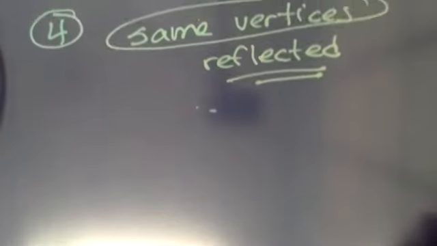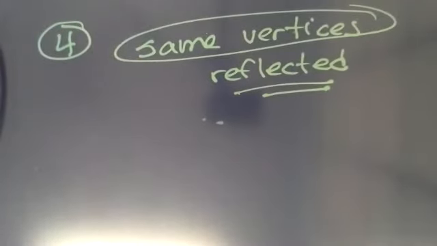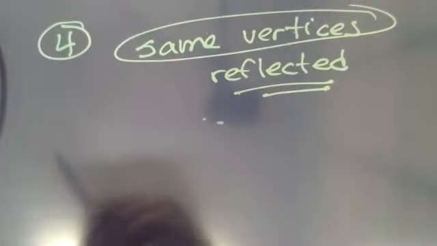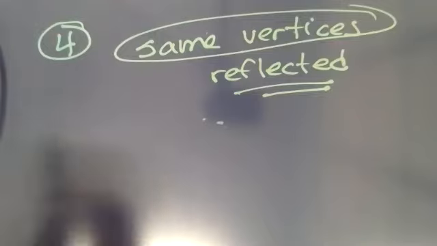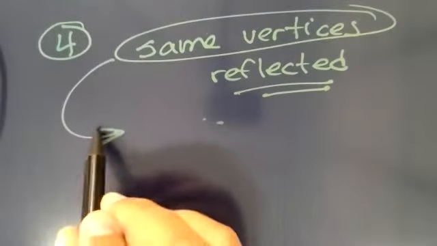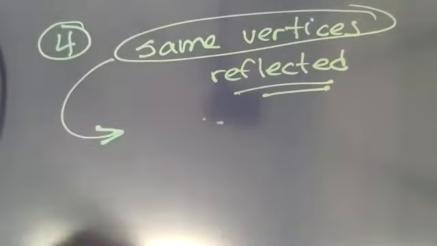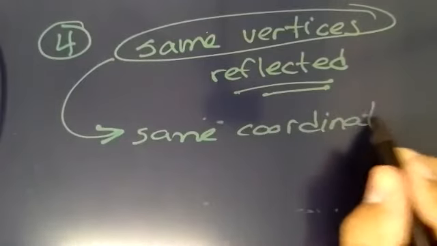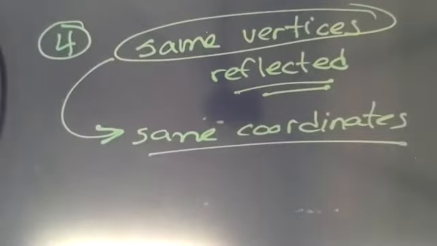If it's same vertices, what does it mean by same vertices, guys? The same y coordinate? You're almost there. In other words, it's not only the same y coordinate, it's same coordinates. Okay? Means that the object is going to fall on top of the same object again.